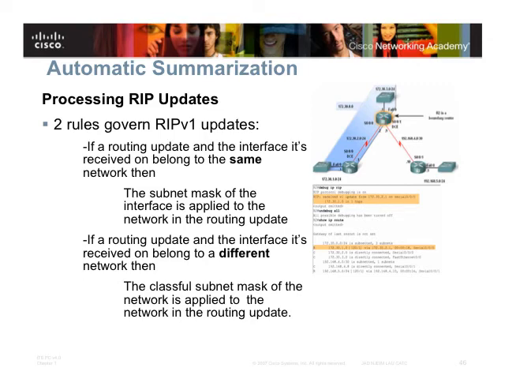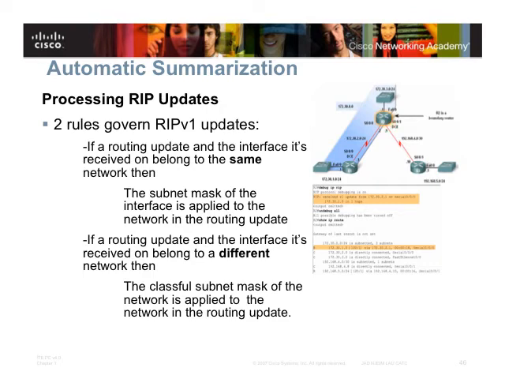R1 here is not a boundary router, so it will have to have all the entries. Router 2 is a boundary router, so it will have separate entries in the routing table, but when it sends the advertisement, the route update to router 3, it will use automatic summarization to group all of them in one entry. So inside these 3 subnets, as we said, I have to have separate entries in each router, even the boundary router.